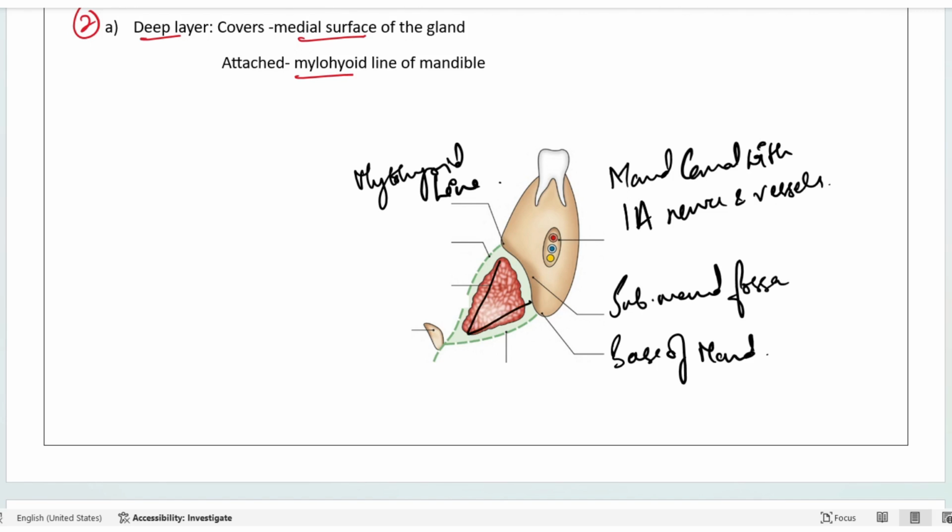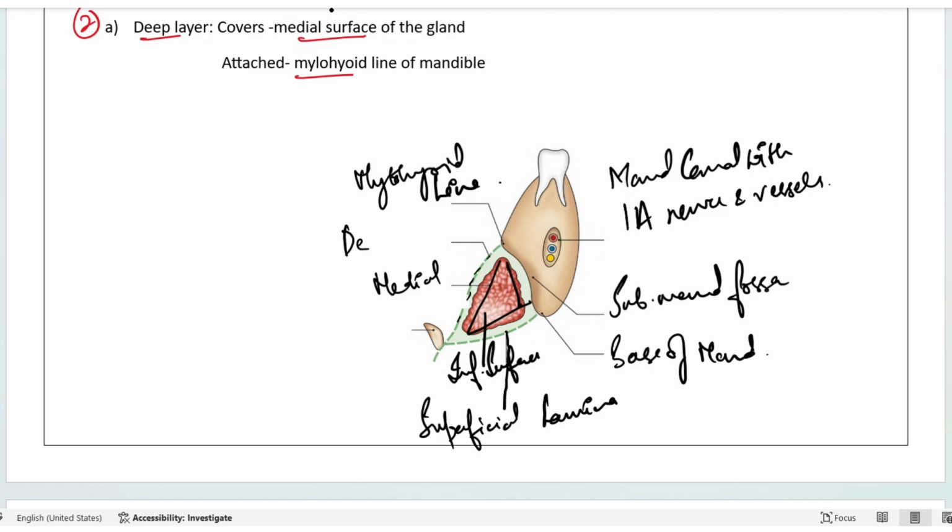Now this is the submandibular gland. This is the medial surface and this is the inferior surface. So the layer here is the superficial lamina. The layer covering the medial surface, this is the deep lamina. The bone that you see here is the greater cornua of the hyoid bone.